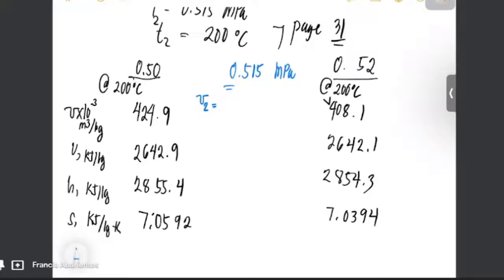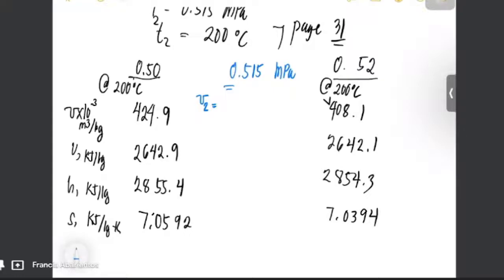408.1.9. Okay. So, bakit? Ano yung mga sagot nyo? 412? 412 ba? Bakit sa akin iba? Ano class yung answer nyo?